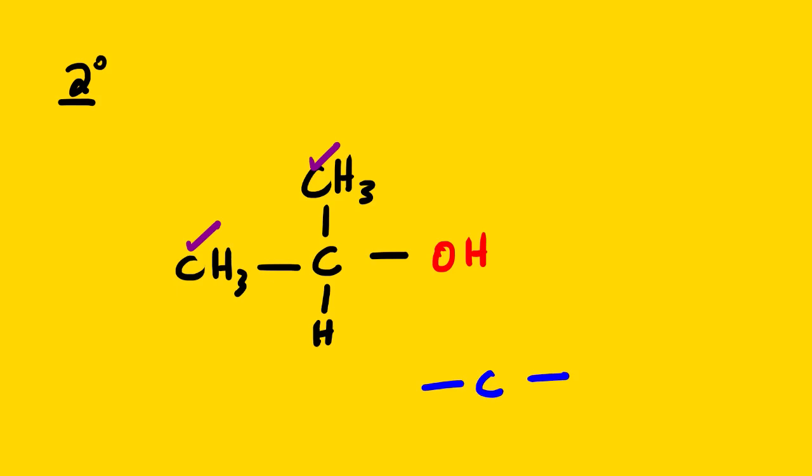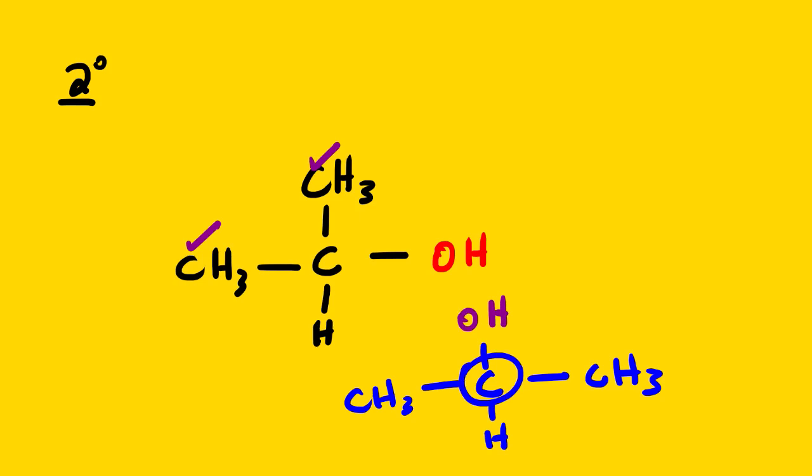Let's say we have this. Our hydroxy group is actually here. Then you can clearly see that the carbonyl carbon is this one. It is bonded to two other carbons. Then this is our hydroxy group. It also belongs to the secondary alcohols.